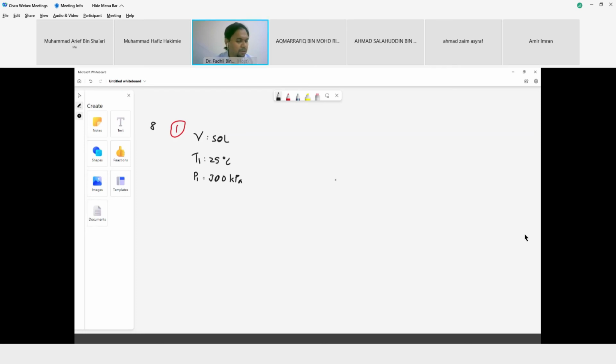Why I write T1 and P1, number 1? Because as stated in the question, heat is added, and here we have initial condition and final condition. That's why I put 1. 1 means that initial condition.